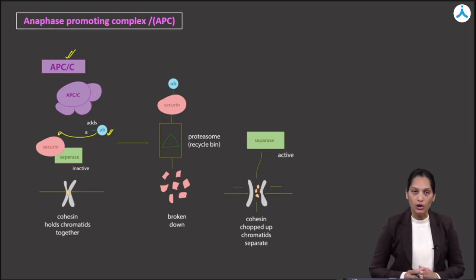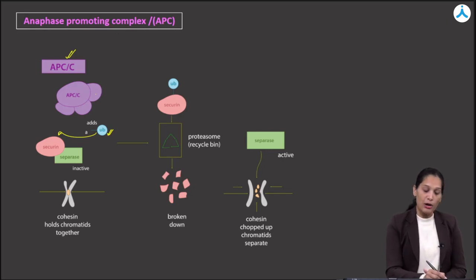Why? Because to separate the chromatids, separase is required. A special protein or enzyme called separase is required. But this separase is tightly held by the securin protein. So if we want to separate the chromatids, we have to make separase free from securin.